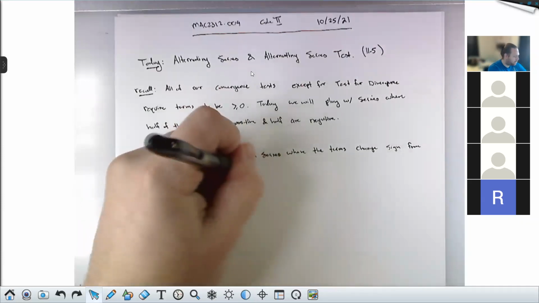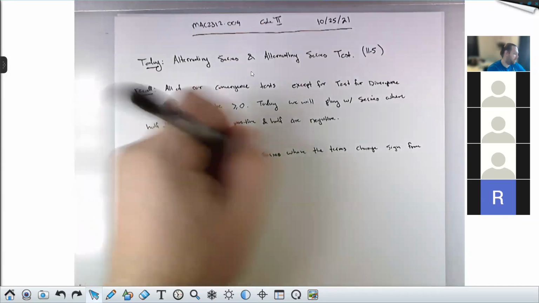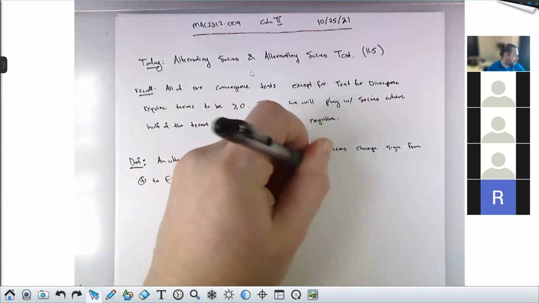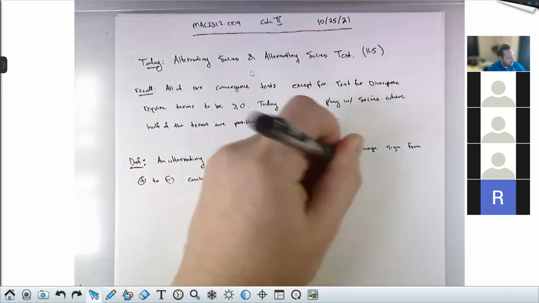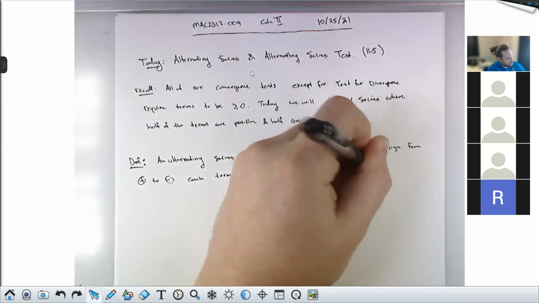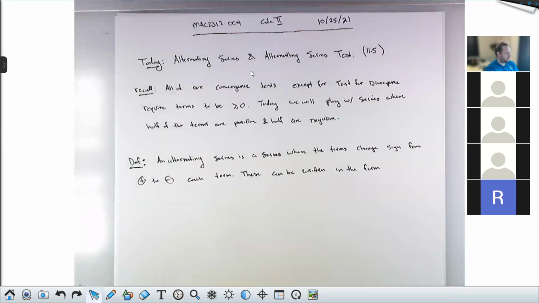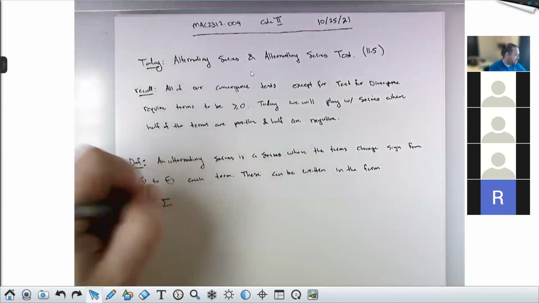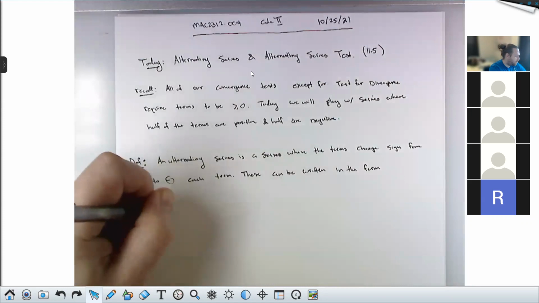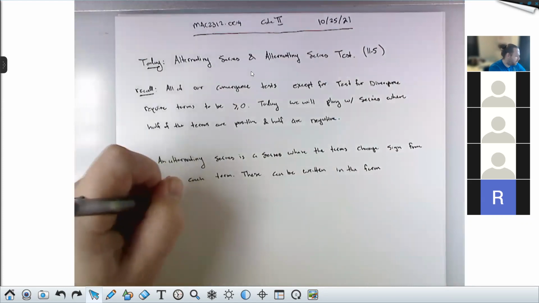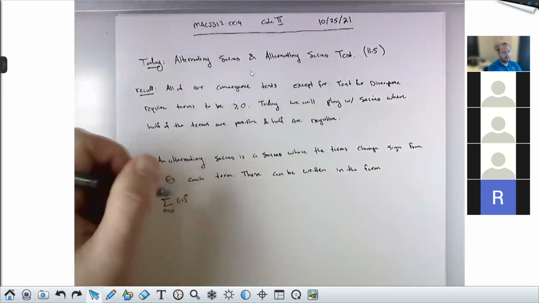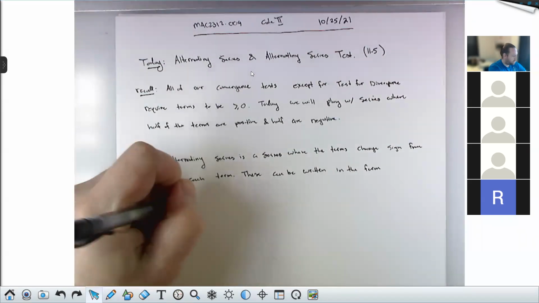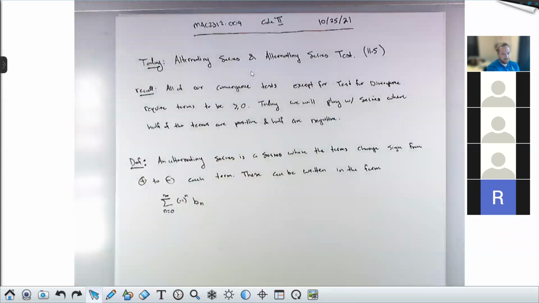These can be written in the form. There's a few ways. The way we normally do this is we say there is a power of -1, like -1 to the n, times some positive terms.